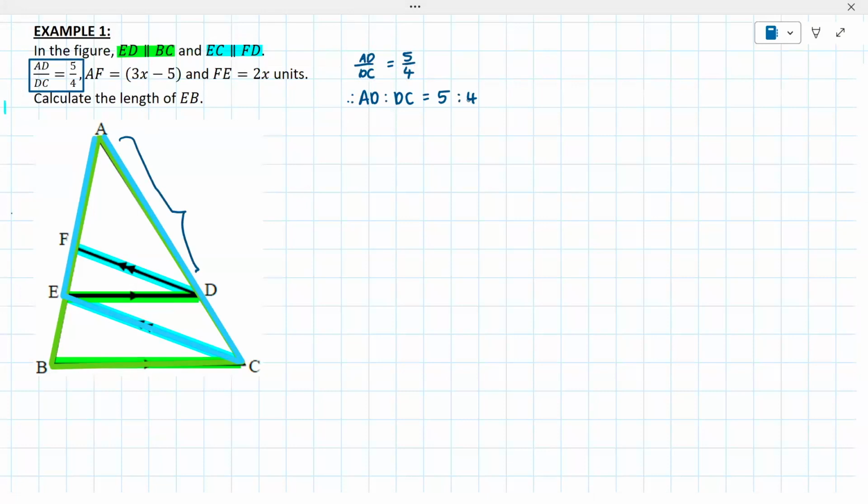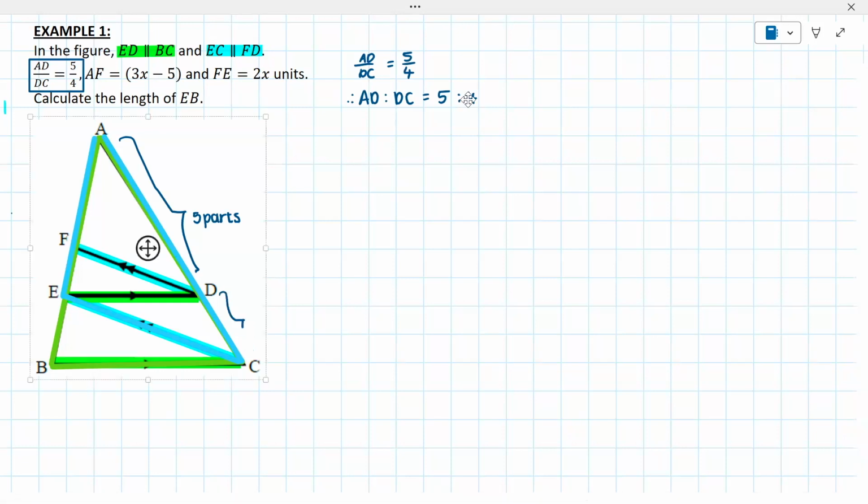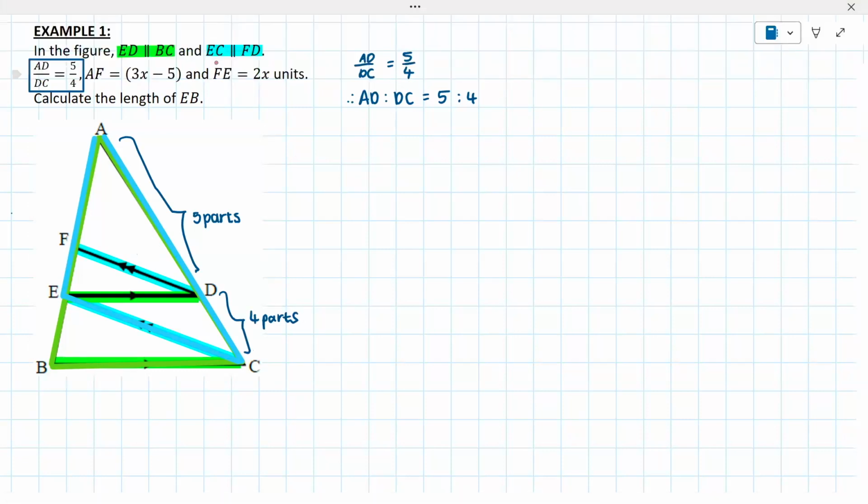Here's AD. So there's 5 parts. If you want to use a variable, you're obviously welcome to. And here's DC. Horrible bracket, but you get the drift. 4 parts. That is exactly what that ratio told. Then the next bit of information, which is a lot easier to grapple with, is just lengths.